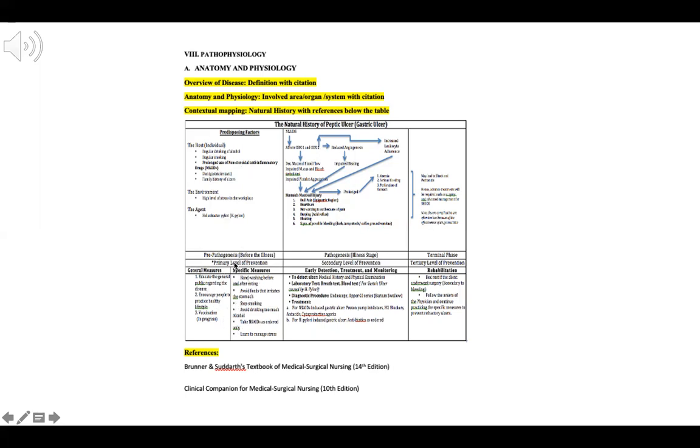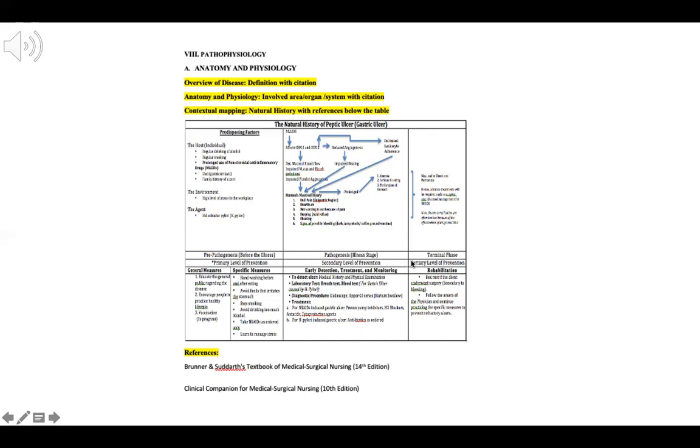And then the second column, until the third column, is the pathogenesis phase, wherein the disease is progressing, or the illness is progressing. And the acute phase of the pathogenesis phase is addressed through the secondary level of prevention as intervention, or the acute care.